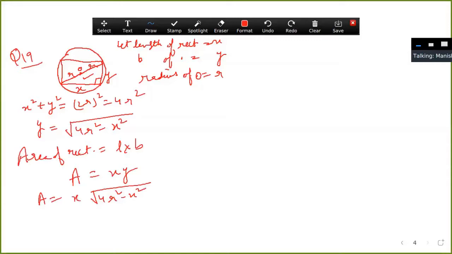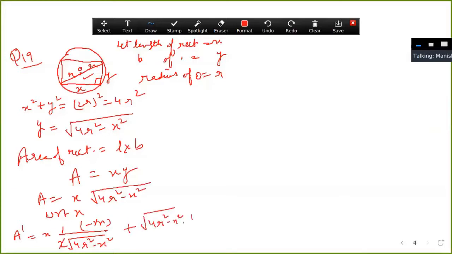What is the derivative? With respect to x, you have to differentiate. A dash will be equal to x as it is. Find out the derivative of this. This becomes 1 upon 2 under the root 4r square minus x square, and derivative of this is minus 2x. Cancel this by 2 and further plus under the root 4r square minus x square, derivative of x is 1.